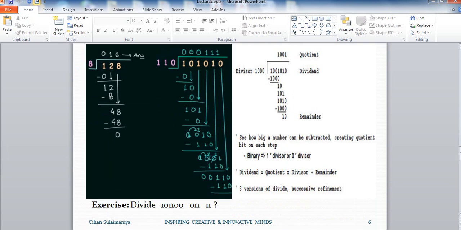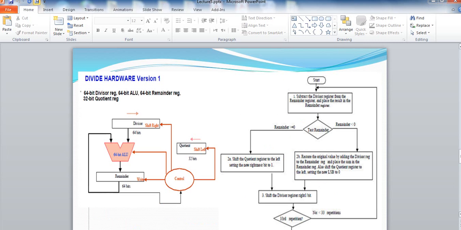This operation will continue until you reach the 33rd bit. Why? Because here, as you see, it is 32 bits. If you reach the 33rd bit, that means you have finished all the dividend.